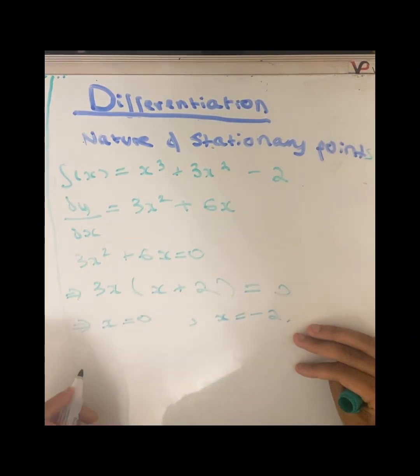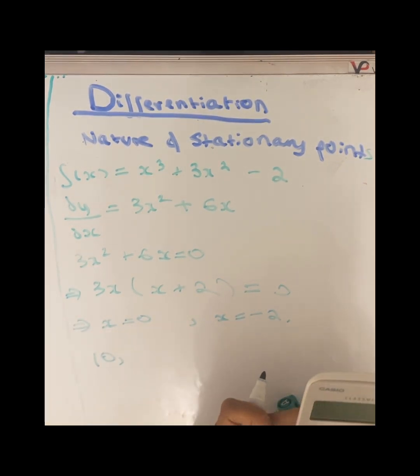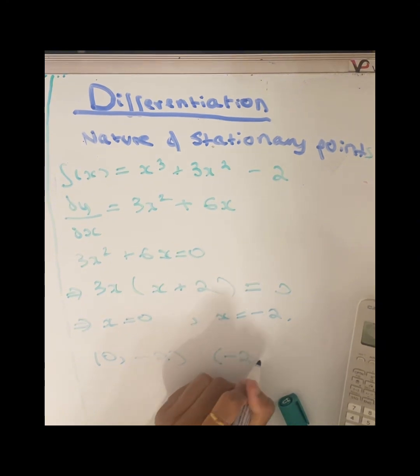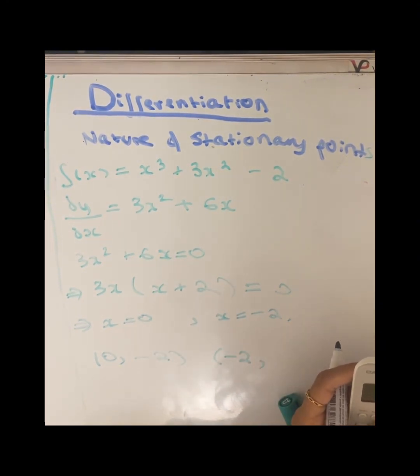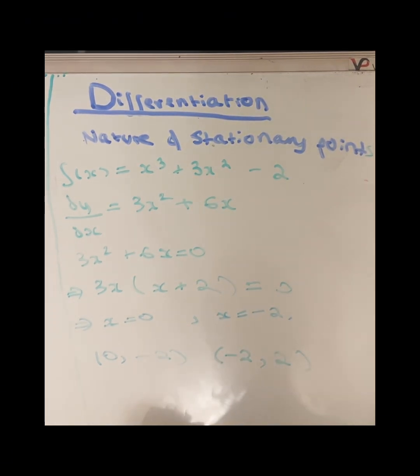So the coordinates of these points: if we sub this back into the equation, for x equals 0 we get 0, minus 2, and for x equals minus 2 we get minus 2, 2. Okay, but then what if I told you that without sketching anything, you could tell which one's a minimum point and which one's a maximum point?